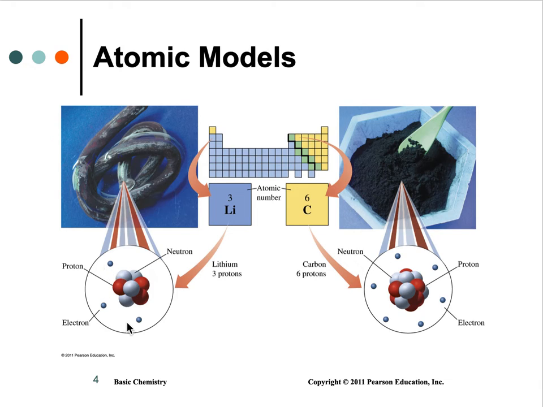And then electrons are going to be equal to the number of protons, and they spin on the outside of the nucleus. So the nucleus has these massive protons and neutrons, and the electrons are in a cloud or on the outside.